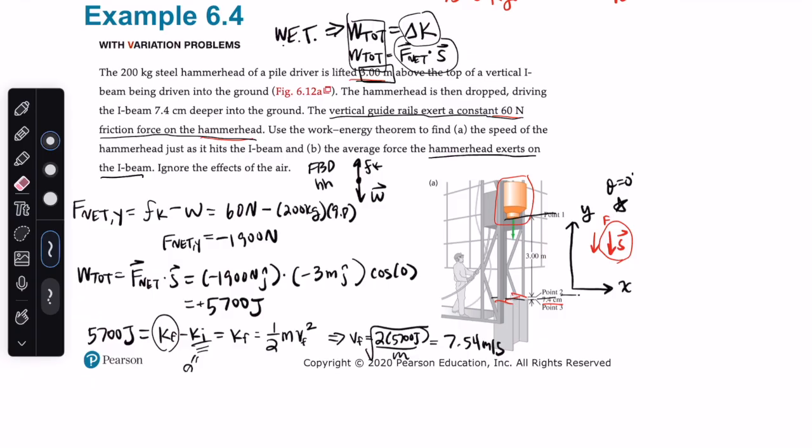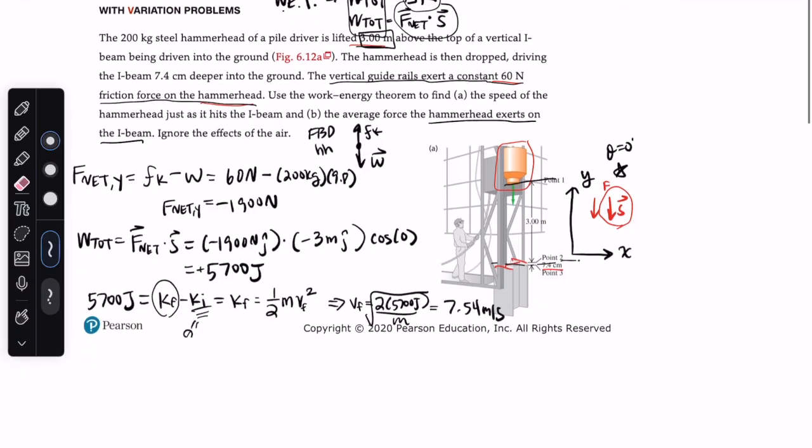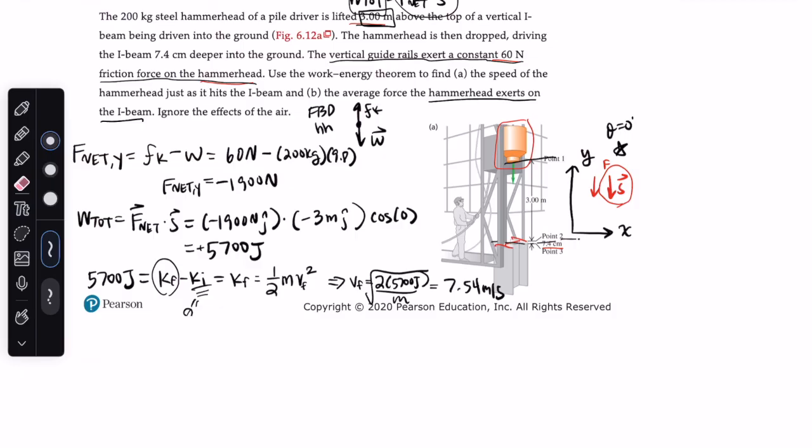So let's draw the free body diagram of the hammerhead while it's in contact with the I-beam. We can actually do either one because some of the forces are going to be an action-reaction pair with the other, so I think it's best to start with the hammerhead.